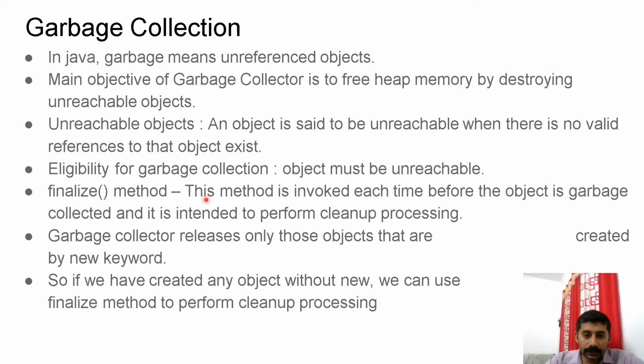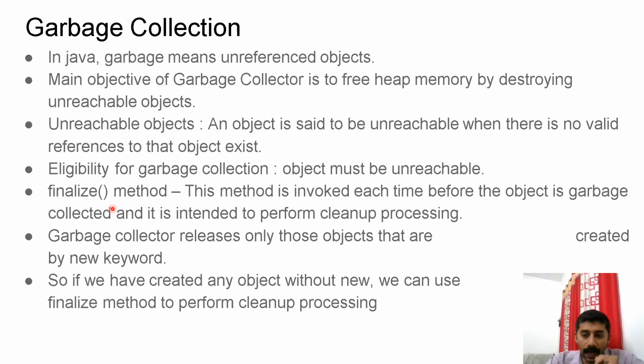This method is invoked each time before the object is garbage collected, and it is intended to perform cleanup processing. So in every class, if you want to do any specific cleanup operation, you need to implement this finalize method and give the instructions in that method.